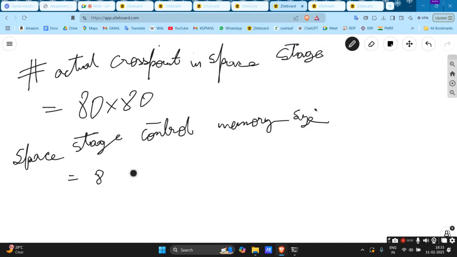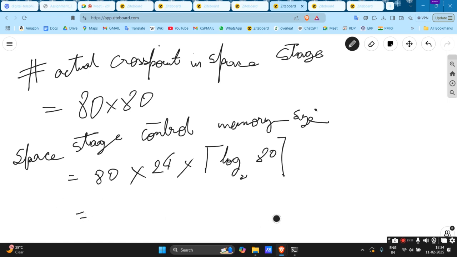Since the number of control words will be 24, what is the number of bits that we need? That is the ceiling of log of 80. It is the ceiling of log, not just the log, because ultimately you cannot have 4.75 bits. You have to take an integer.